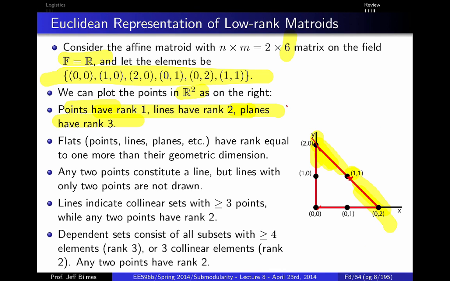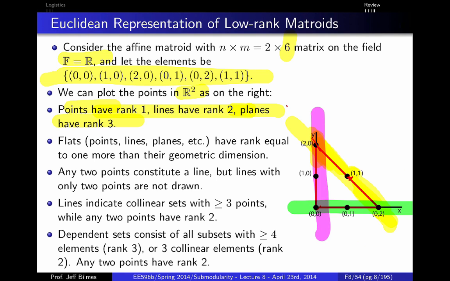So in this particular matroid, dependent sets consist of all subsets with greater than or equal to 4 elements, right? Why? Because basically the rank of the whole matroid is 3. So if you have 4 or more elements, your rank is 3, so therefore there has to be a dependence somewhere. A dependent set also consists of any 3 collinear elements. So this is the example we gave last time. These 3 elements here are collinear, these 3 elements here are collinear, and these 3 elements here are collinear.